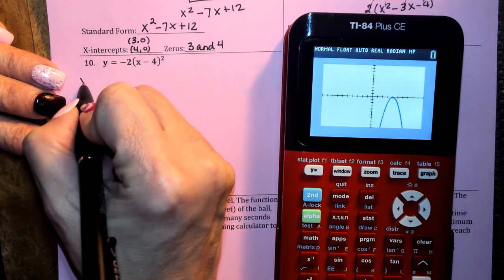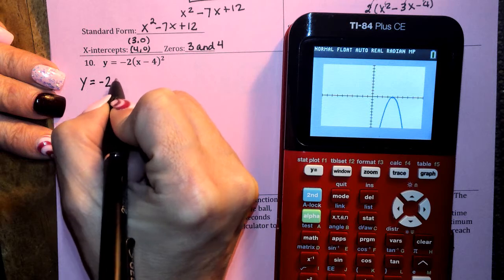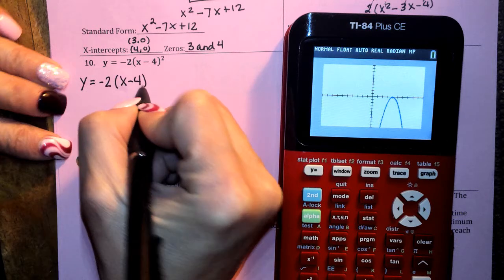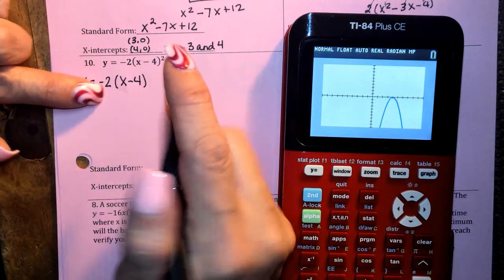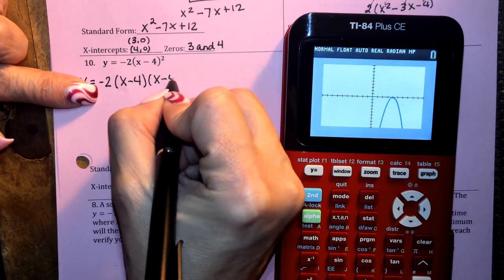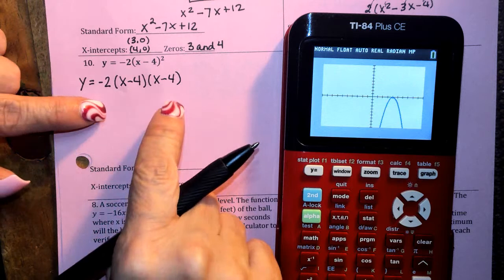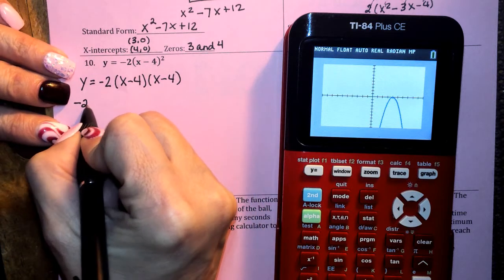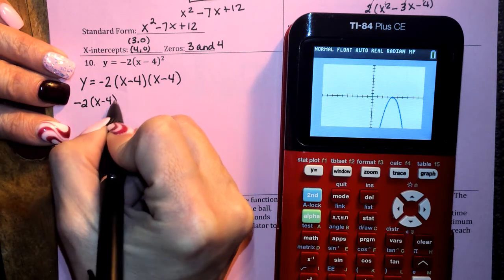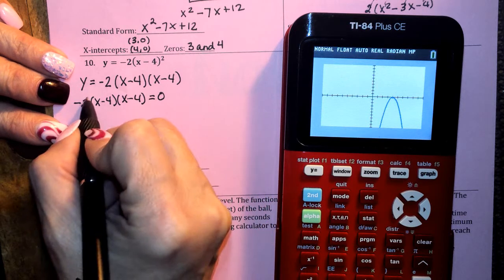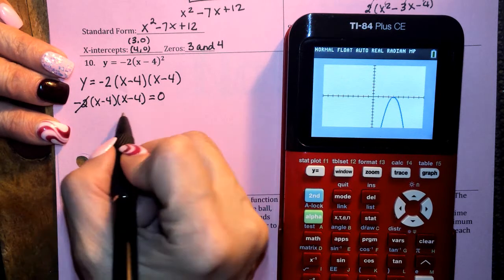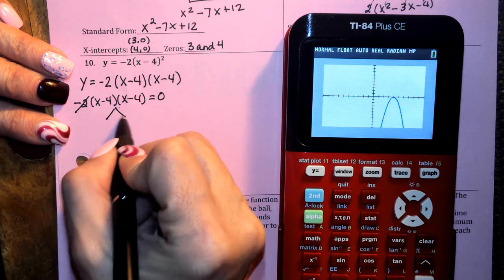This right here, I would write y equals negative 2 times (x minus 4) squared. That means that whole chunk times negative 2. And when you look at it this way, you're like, oh yeah, I would set it equal to 0 to find the zeros. So the 2 would go away because it would absorb into there, and I would have the same thing.